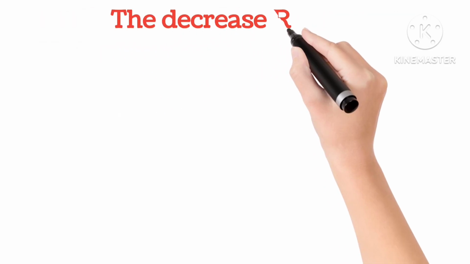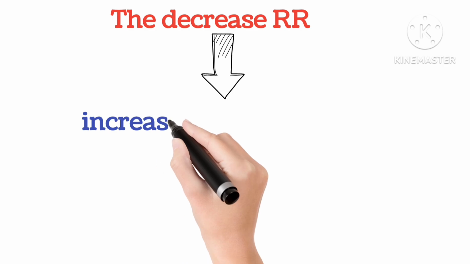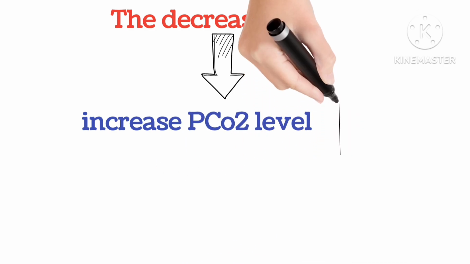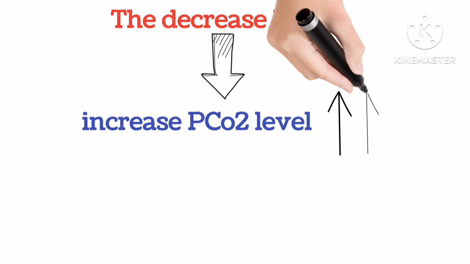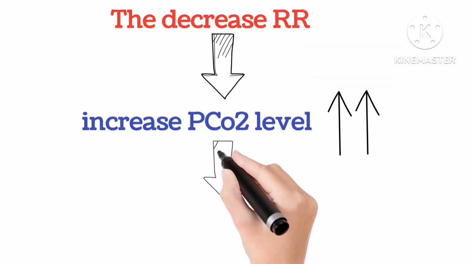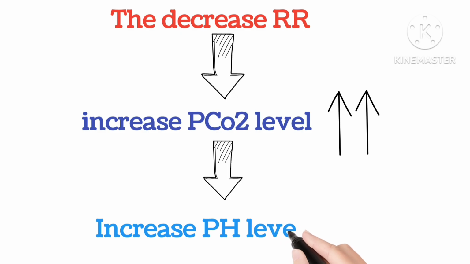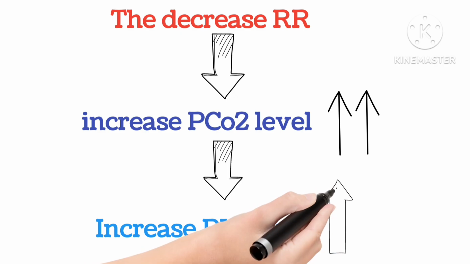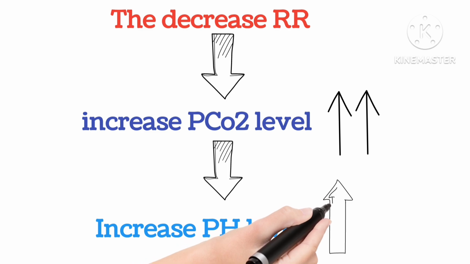The decreased respiratory rate will lead to retention of carbon dioxide, leading to an increased level of PCO2, and whenever there is an increased level of PCO2, this will lead to a decreased level of blood pH. This is how the respiratory regulatory system regulates both extremes of pH change.